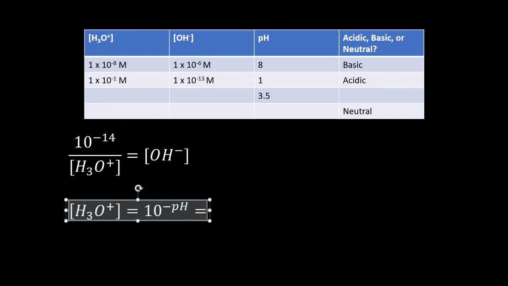Or in other words, if our pH is 3.5, then 10 raised to negative 3.5, whatever that equals, will be our hydronium ion concentration.